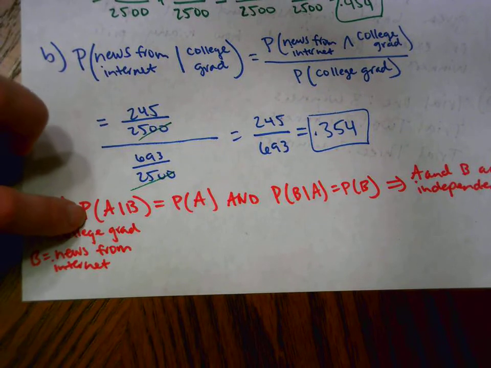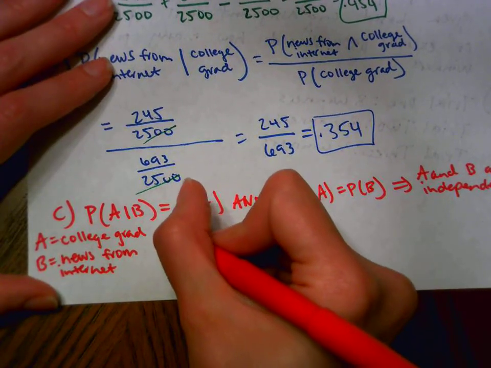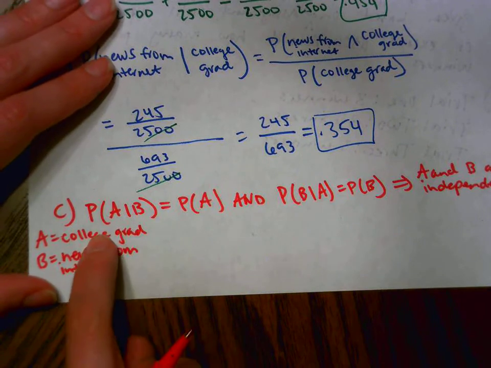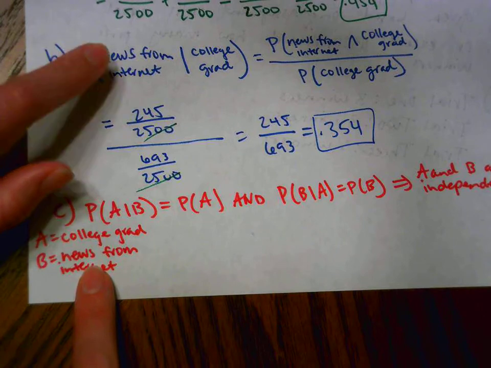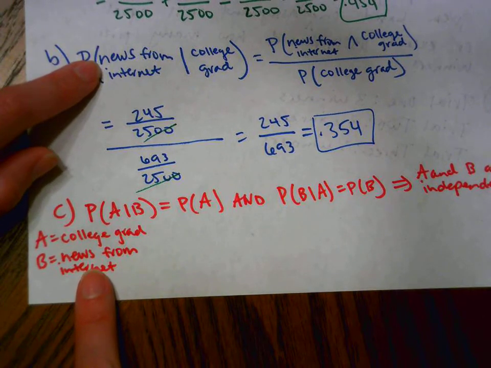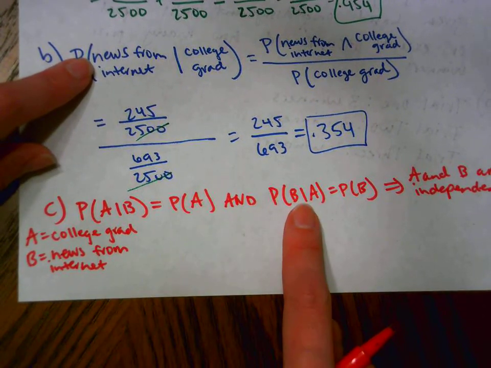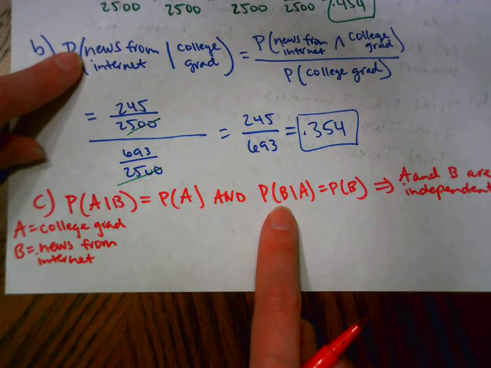So let's set up this first one. The probability of being a college grad given you get your news from the internet. Is that the same thing as here? That's not. But couldn't I have switched it? Because you've got to prove both of these anyways.